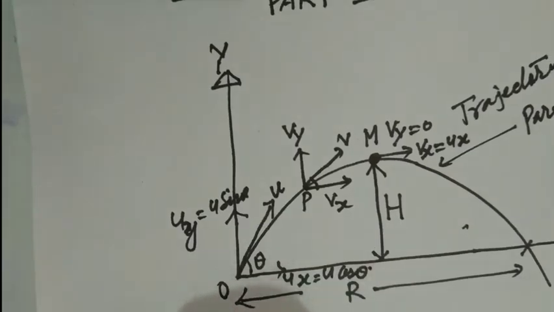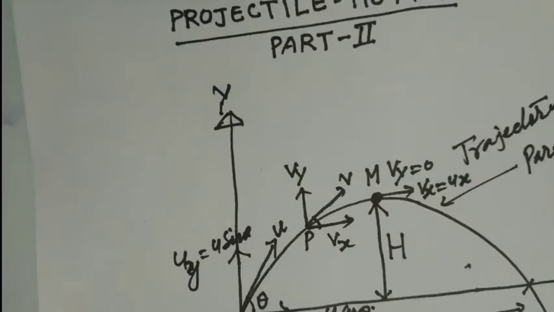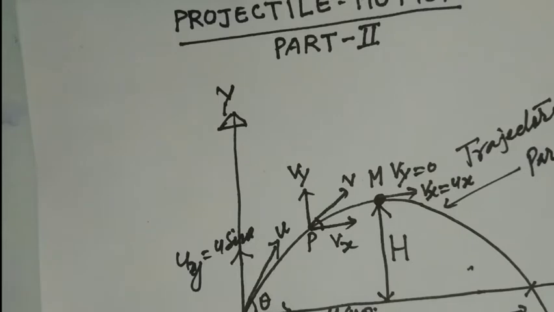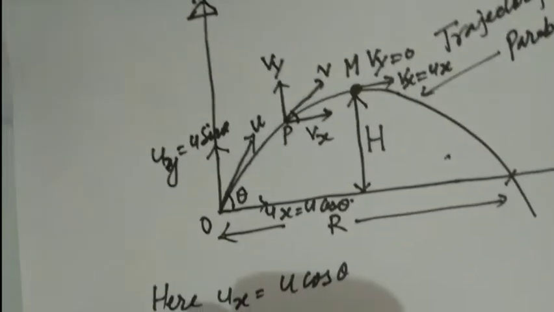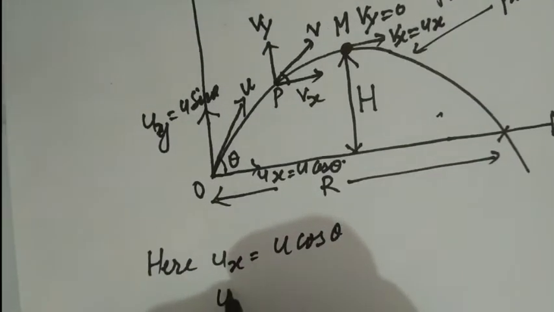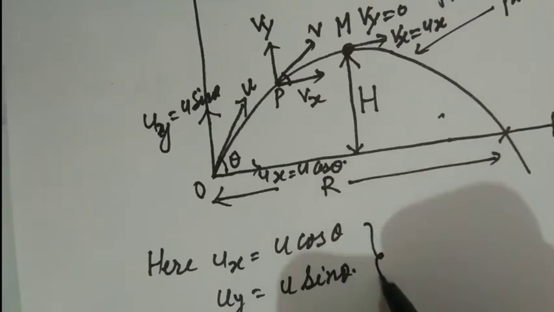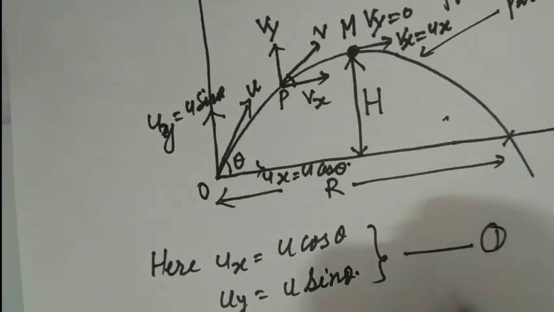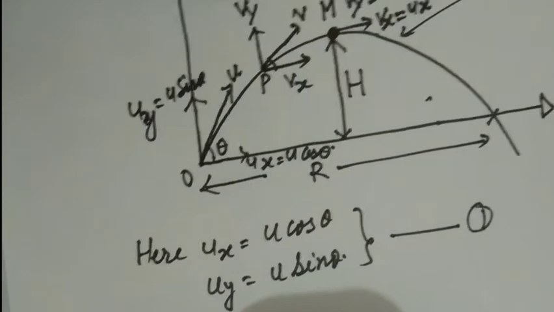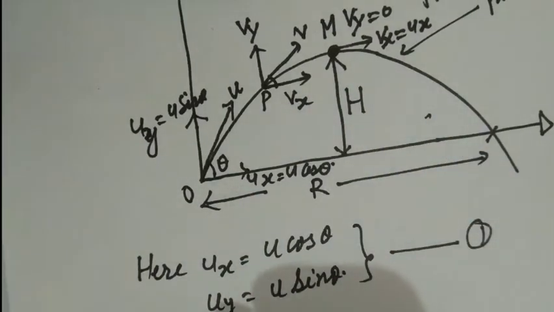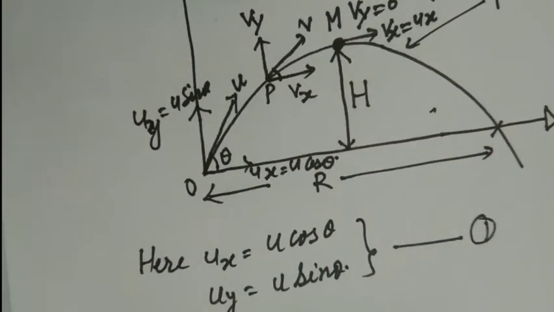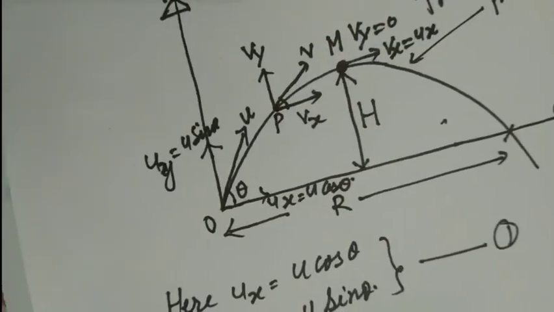So ux is equal to u cos theta, where u is the initial velocity, and uy is equal to u sine theta, already written here. This is equation 1. Theta is the angle of projection, h is the maximum height, and R is the range. So first of all we need to find three quantities.